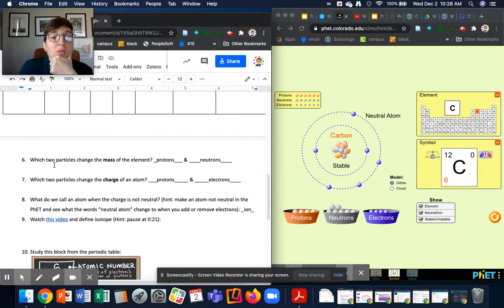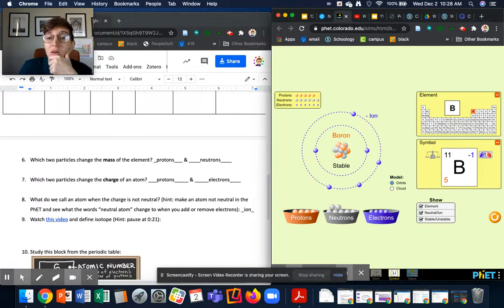Which two particles change the mass of the element? So we discussed when you adjust the protons, it changes our mass. When you adjust the neutrons, it also changes our mass. So protons and neutrons. What about electrons? If I move an electron out, did it change this 12, this mass at all? It did not. And the reason is because electrons are so tiny.